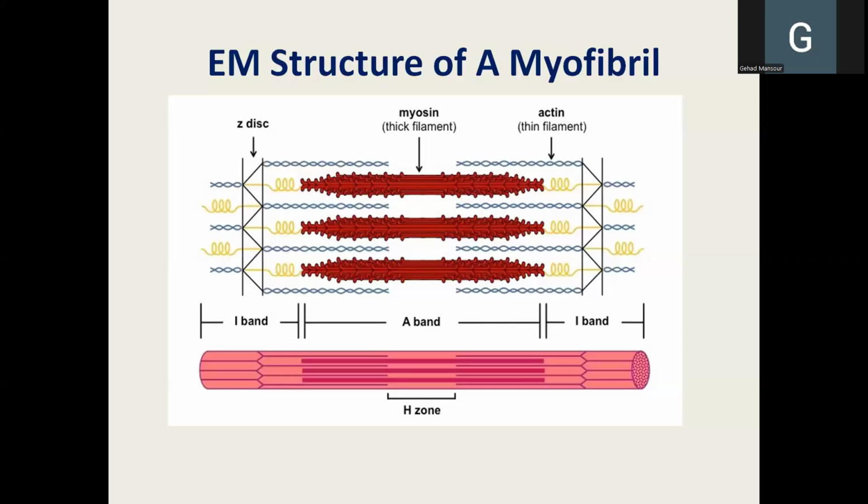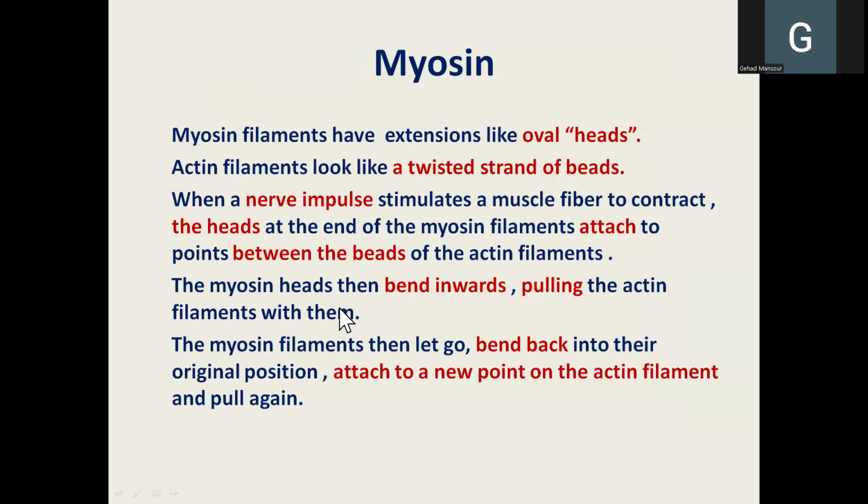So this sliding filament theory explains what? It explains shortening of the muscles upon contraction, thickening of some muscles upon contraction, and getting the insertion closer to the origin.